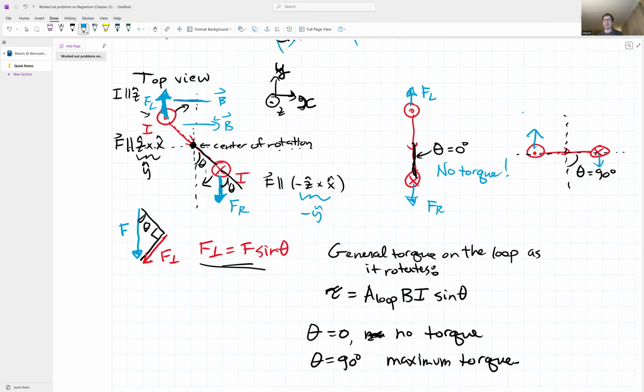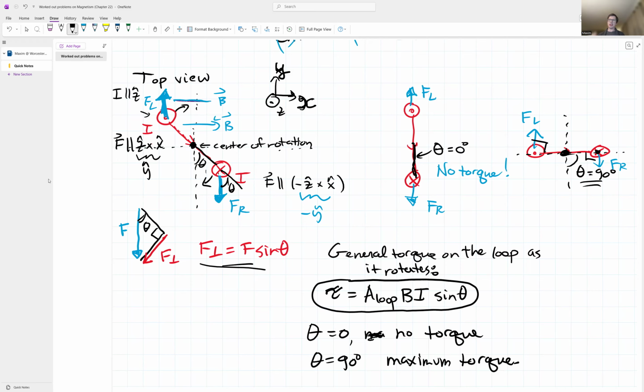This is the left force and this is the right force, and they make perpendicular angles to the lever arm. That's again the direction going from the center of rotation out to where the force is applied. If that's perpendicular to the force, then you get the maximum torque. So that's the maximum torque, and this is the general formula for the torque when the loop is at an arbitrary angle, theta.